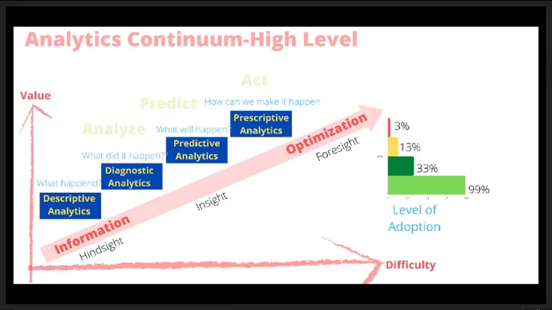That is your analysis. Or if the trend in these two states is continuing, what will be the impact on the overall revenue? That is predictive analytics, or what will happen.